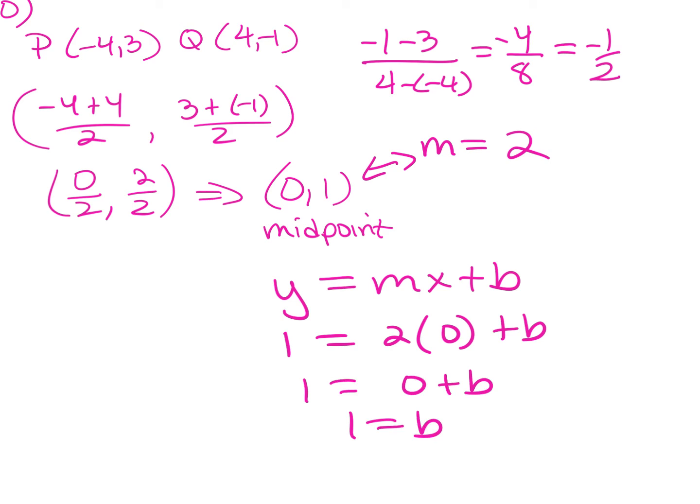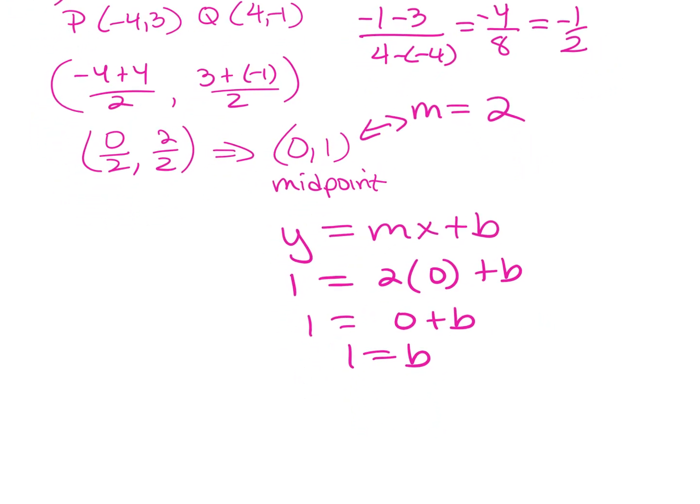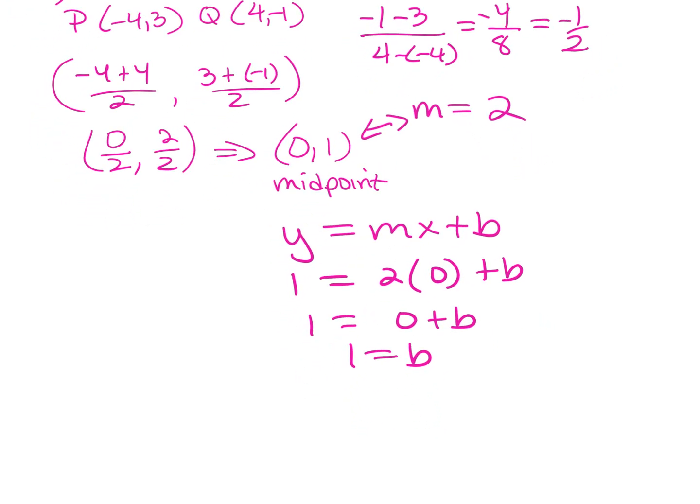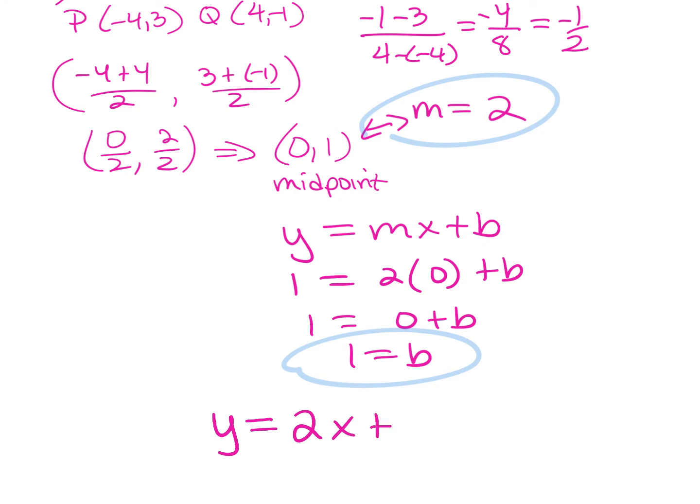So the y-intercept is 1. My equation of the line using my newly calculated b and the slope is going to be y equals 2x plus 1. And that's what you would have entered for the equation of the line for number 10.